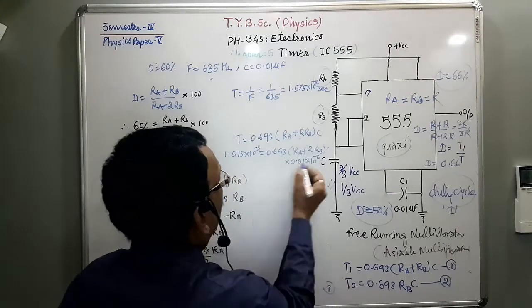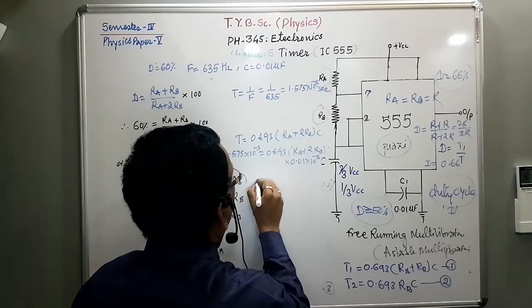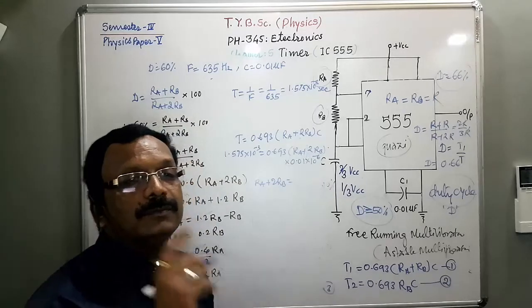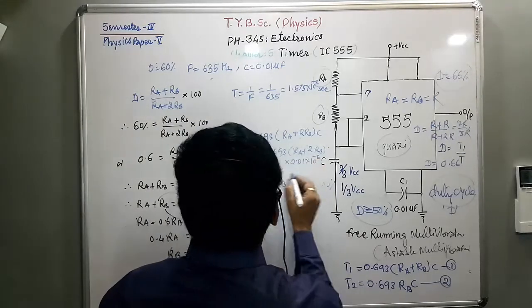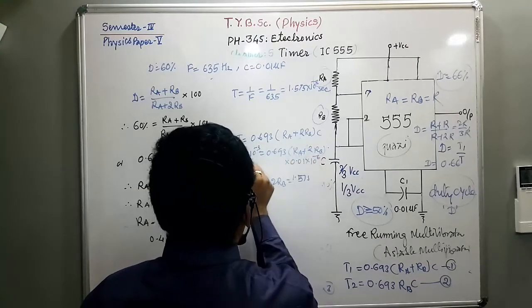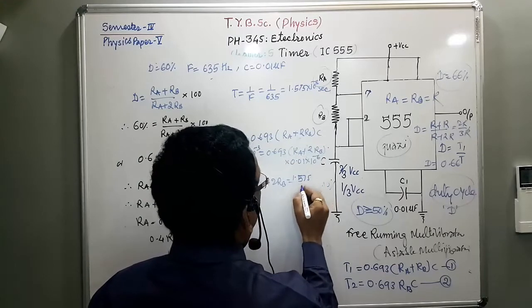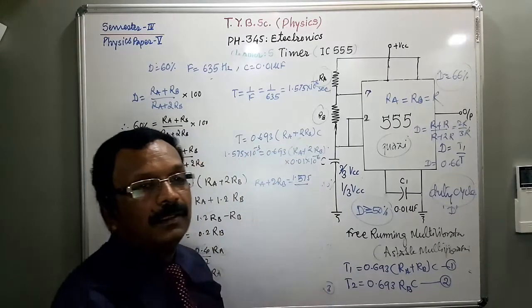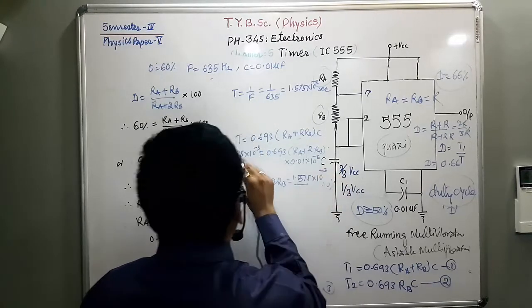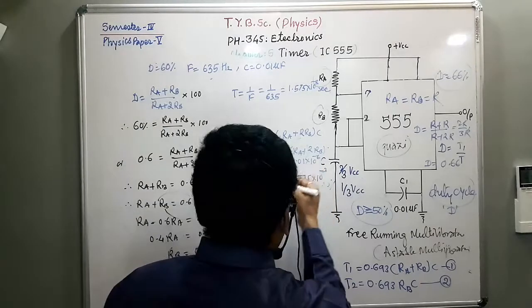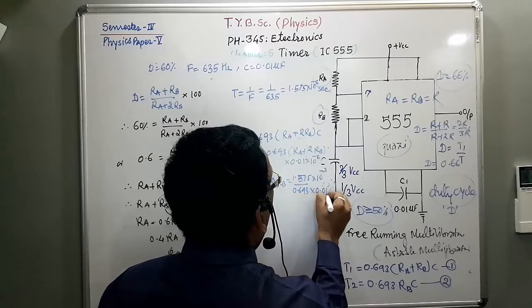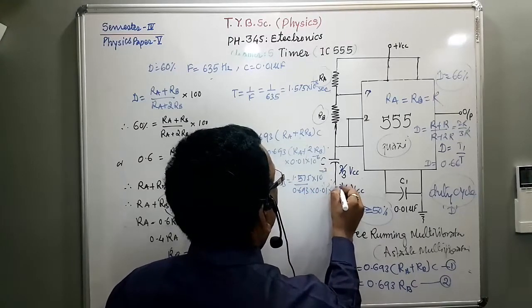Therefore, solving this, we have RA plus twice RB equal to 1.575 into 10 raised to minus 3 divided by 0.693 into 0.01 into 10 raised to minus 6.